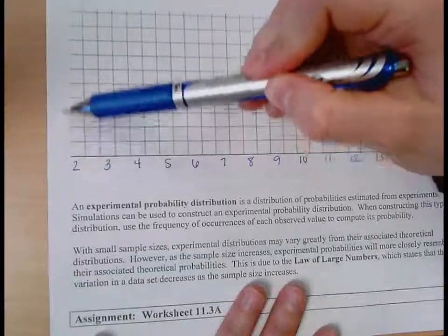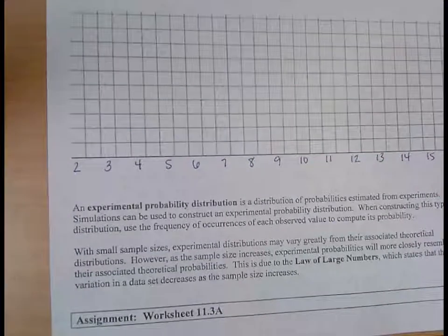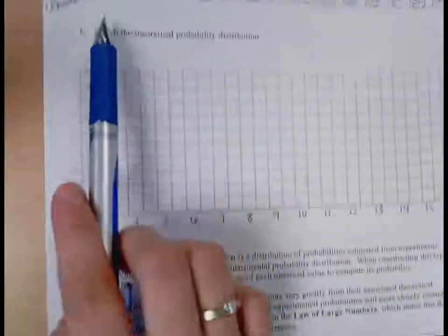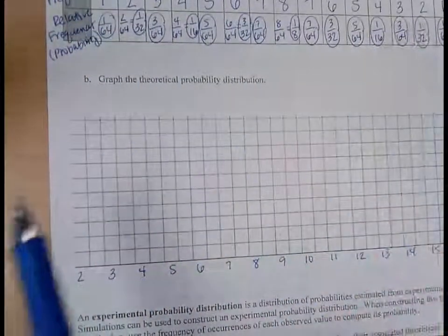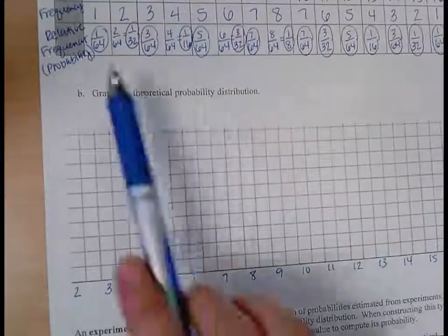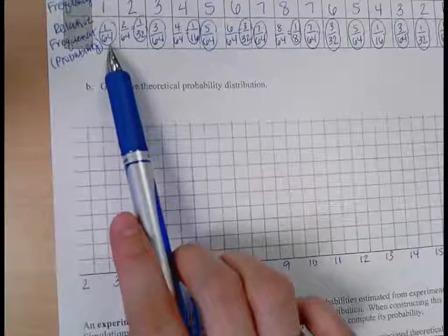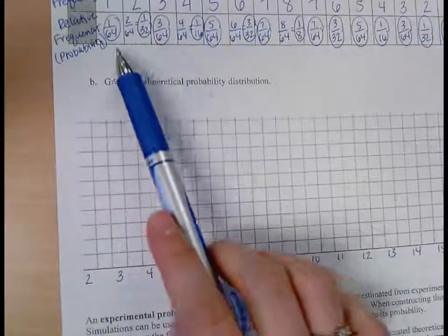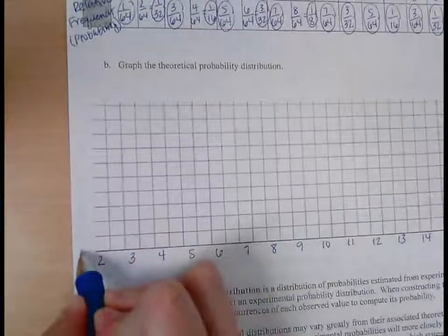And then I do need to label here so I know how high to make the bars. And what you're graphing is the probabilities. You're graphing the relative frequencies. So this is what I was saying. I'll label these as fractions. The very bottom line would be 0.